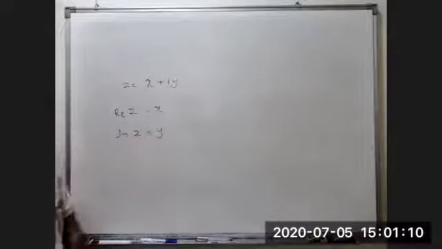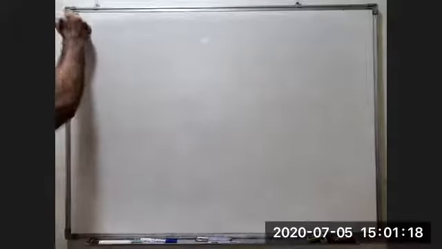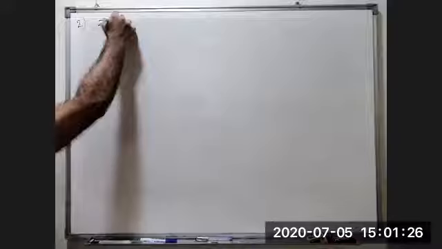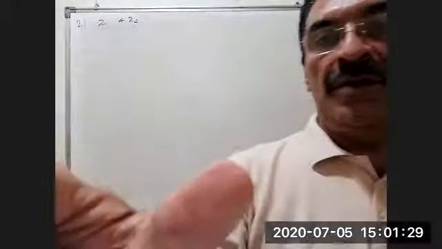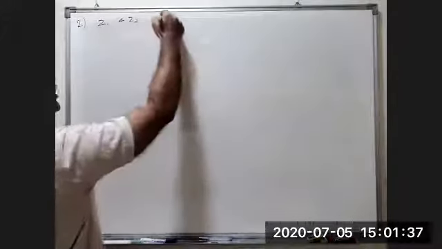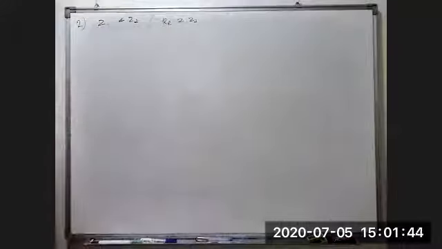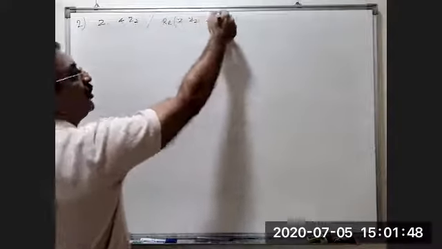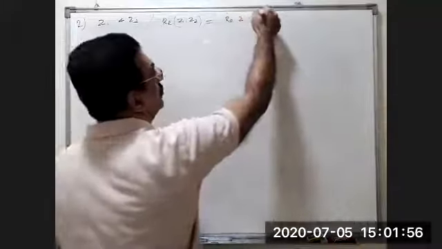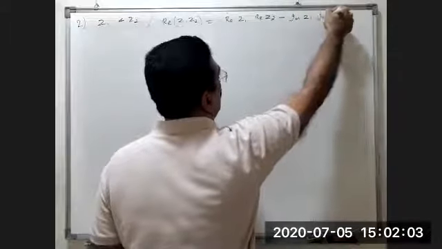Now coming to miscellaneous question number 2. For any two complex numbers z1 and z2, we need to prove that the real part of z1 z2 is equal to real of z1 into real of z2 minus imaginary of z1 into imaginary of z2.